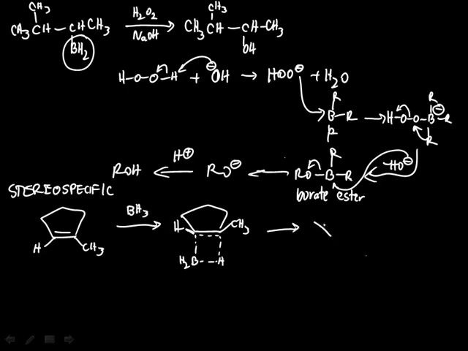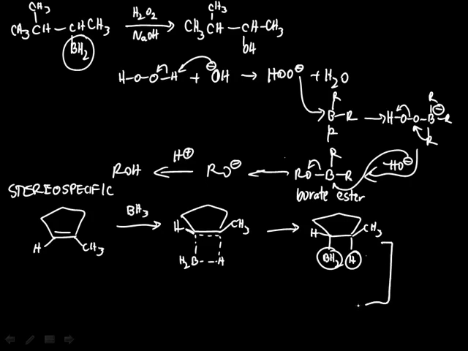And now this would lead to the hydrogen here, methyl group here, boron on the bottom, and hydrogen on the bottom. So importantly, boron and hydrogen added to the same side of the ring.